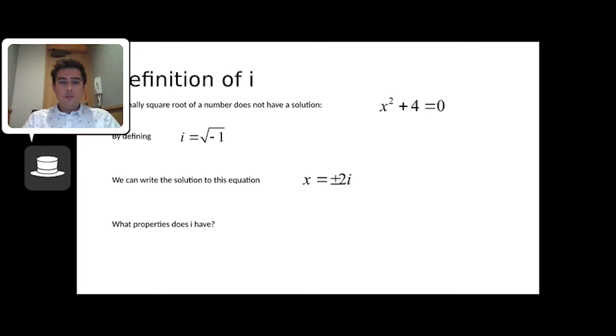For example, here we've got this equation: x squared plus 4 is equal to 0. If you put the 4 on the other side, then we have x squared is equal to minus 4. Now we want to know what x is, so we should take the square root of minus 4, right?